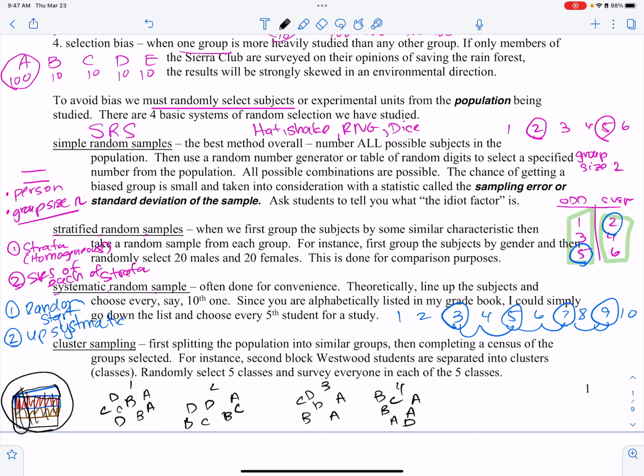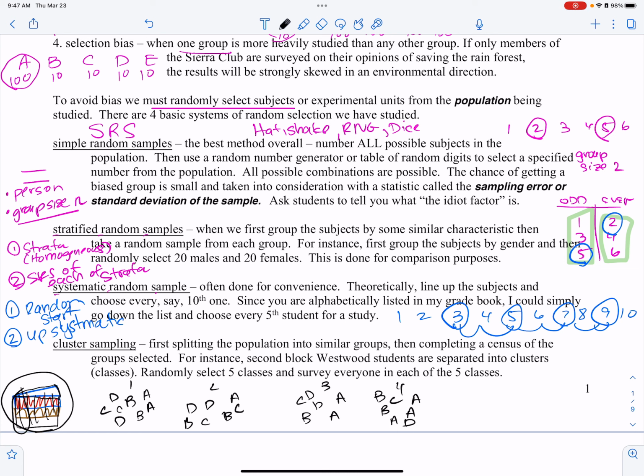Anyway, let's say A are the athletes, B are the music people, C are people that have a job, maybe that's their main thing, and D is kind of just our academic people or whatever. And if you notice, each one looks really similar. They're not identical, but they have a similar makeup.